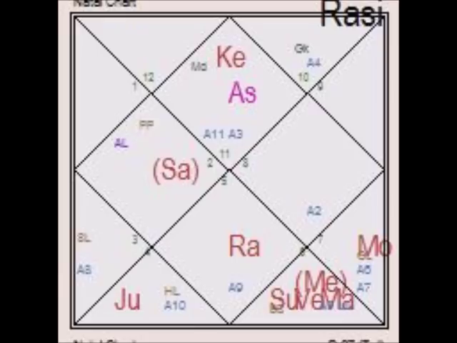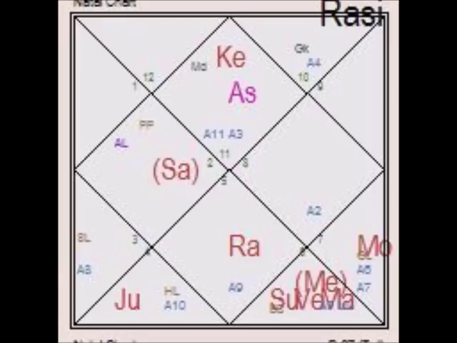The Hora Lagna of this chart falls in the zodiac sign of Cancer, where you can see HL mentioned.